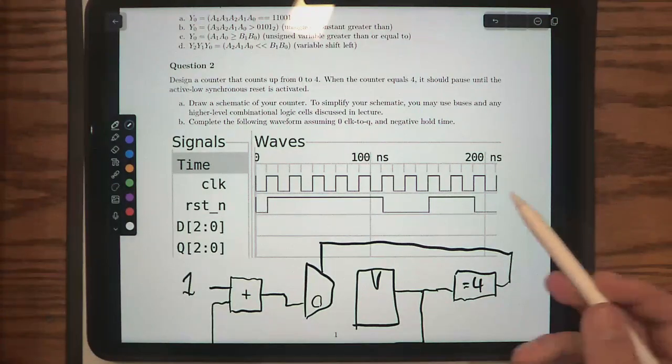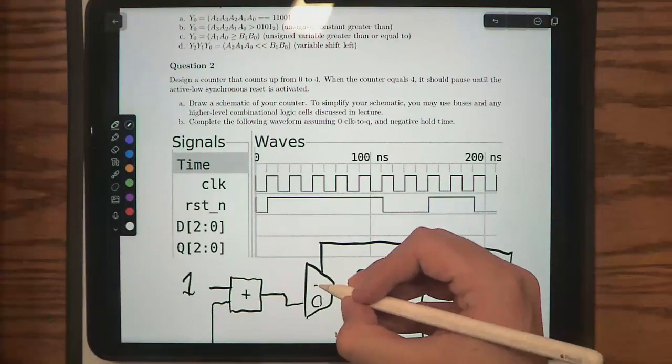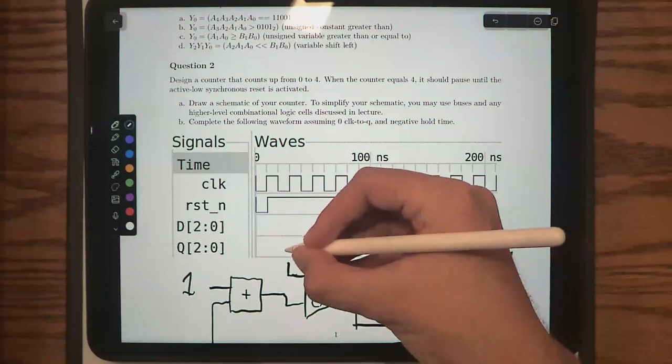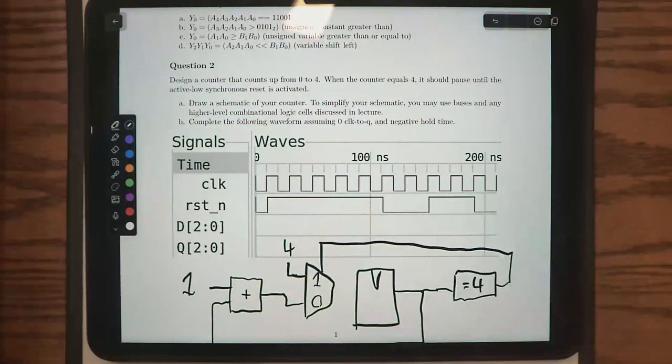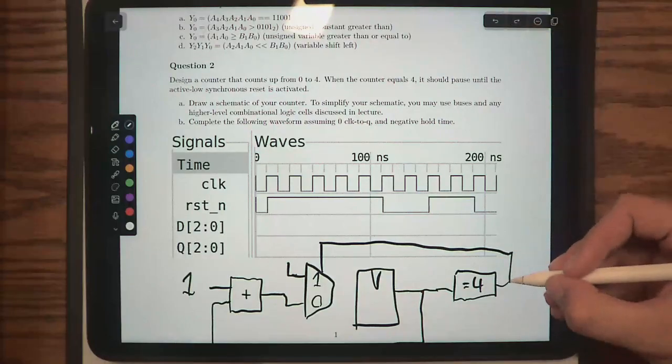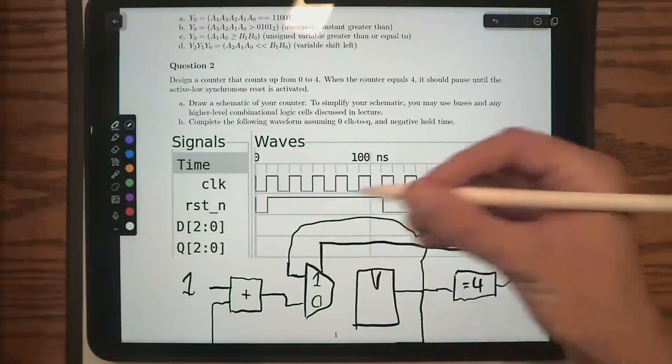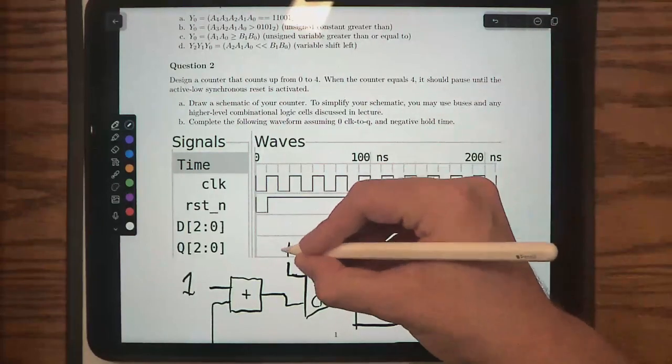But when we are equal to 4, so when this is 1, then what happens? Yeah, we could just say 4. We could also, if we wanted, take this output right here and feed this in. But yeah, I like that, just setting it to 4.